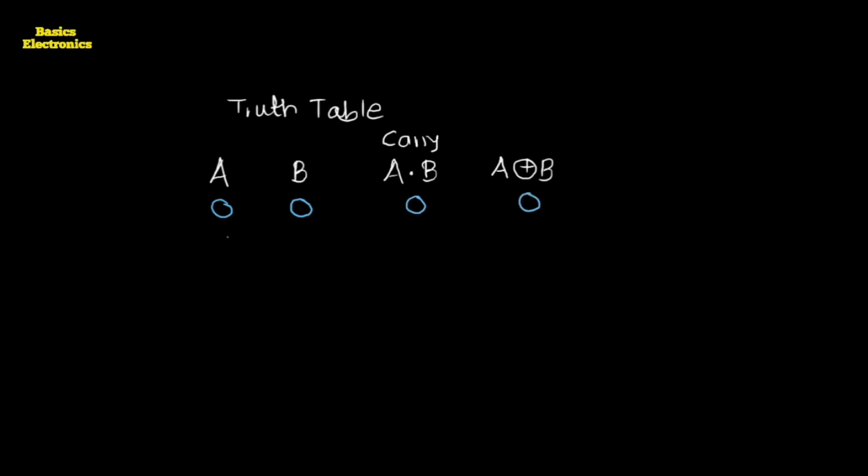Second combination, when A is 0 and B is 1, the carry generated is 0 and the sum is 1. The sum is 1 because different inputs are applied to the XOR gate, so it produces a high output.